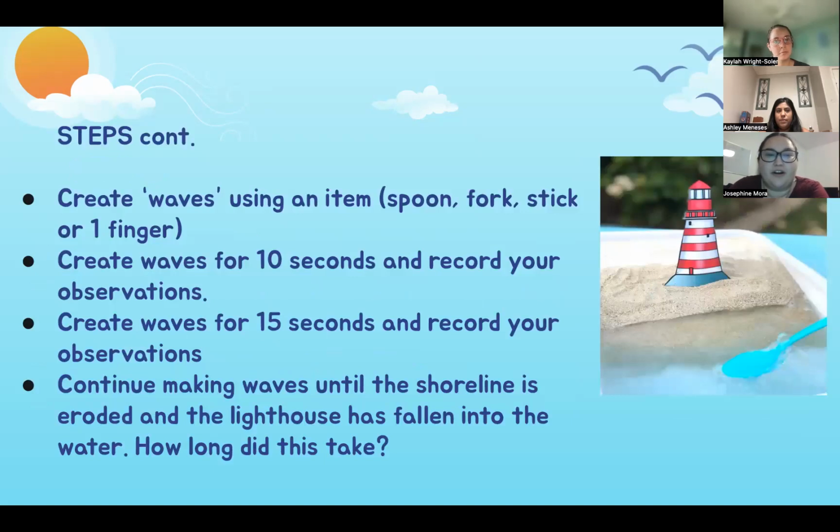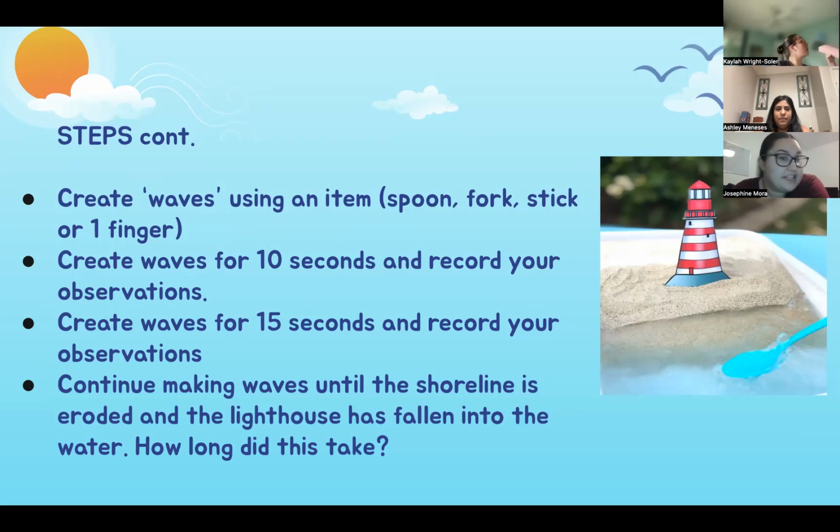After this part, we're going to start creating the waves. Remember that we are going to be taking turns and ensuring everybody has a chance to participate. You can use an item, whether it be a spoon, fork, stick, or your finger, whatever feels more comfortable to the wave creator, and then create waves for about 10 seconds.